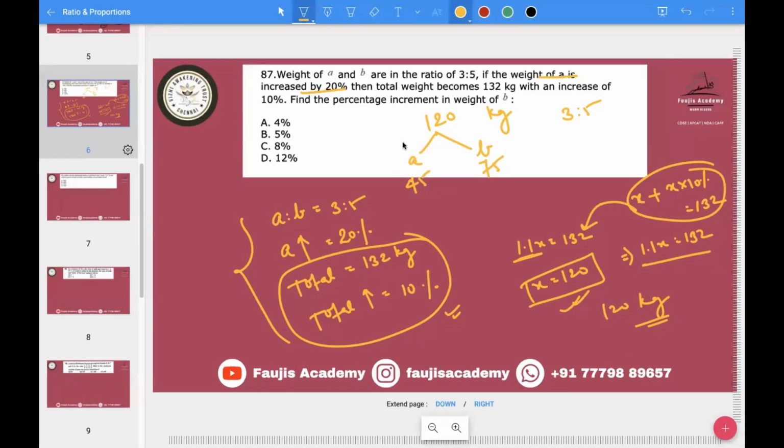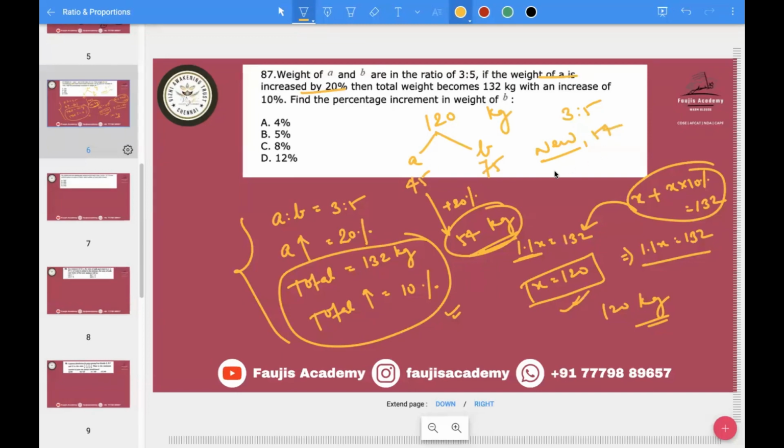If A's weight is increased by 20%, now let's increase 45 by 20%. How much is that? 9 kgs, obviously. So that becomes 54 after increasing. In the new scenario, A's weight is 54.